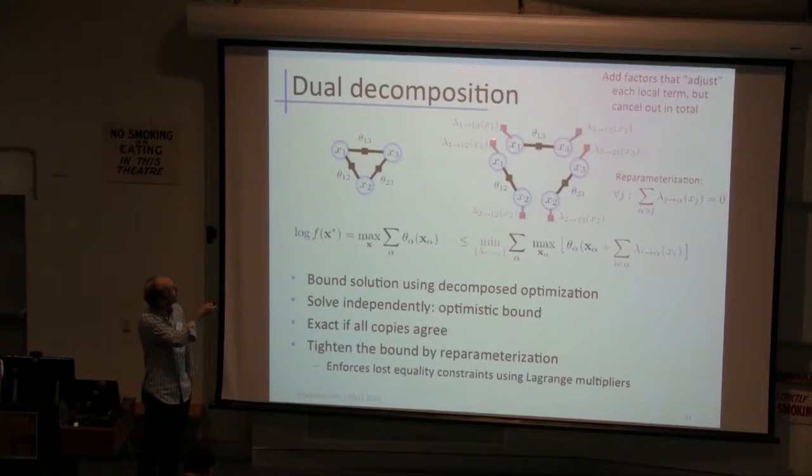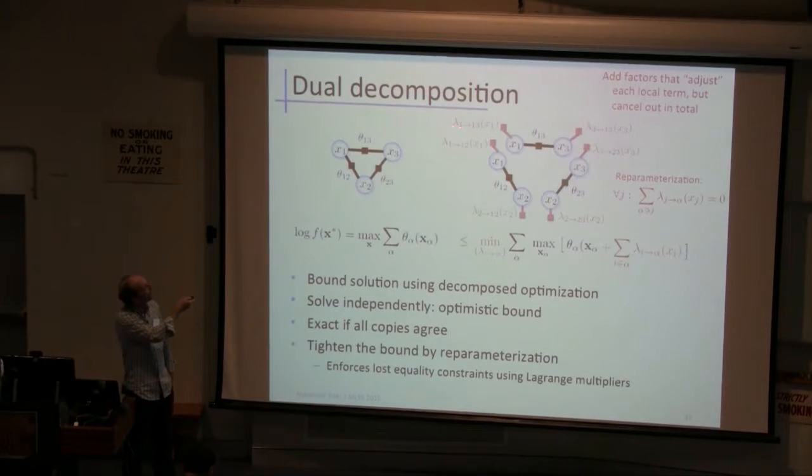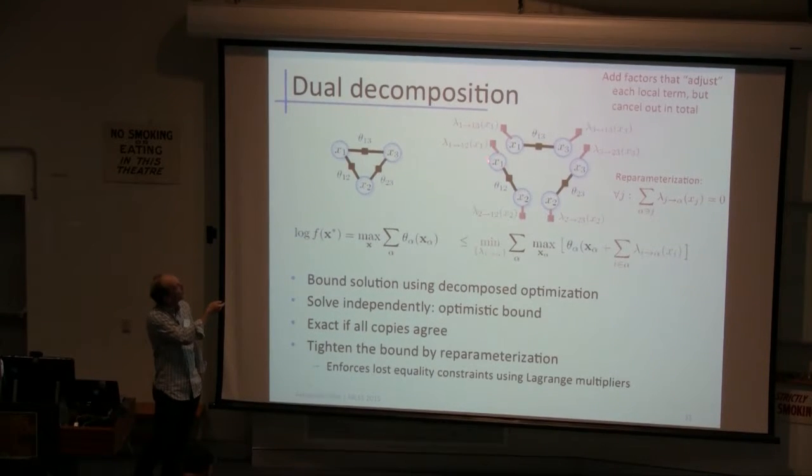So each of these individual problems, each of these individual factors, we'll add an extra term, lambda, that cancels with other terms. So here, for example, I'm going to add a function lambda 1 to 1, 3 of x1, and another one over x1 here. And I'm going to require that these factors form a reparameterization of the problem.